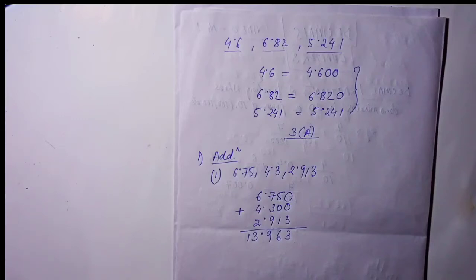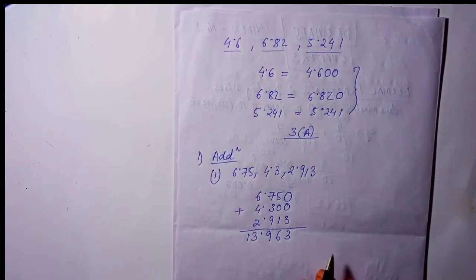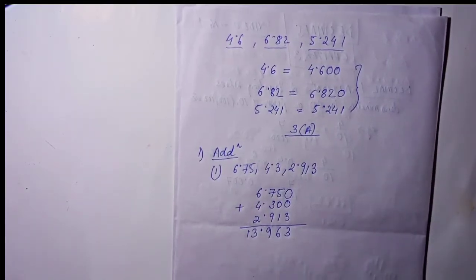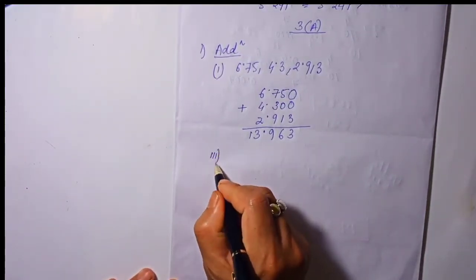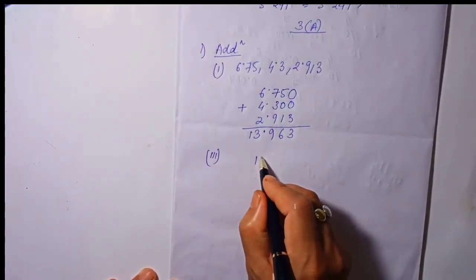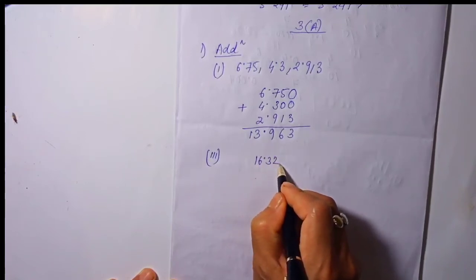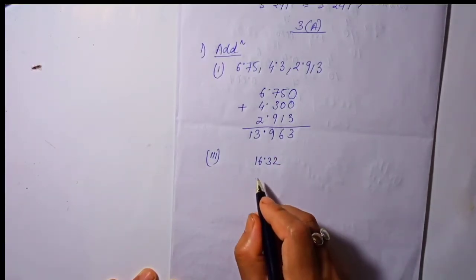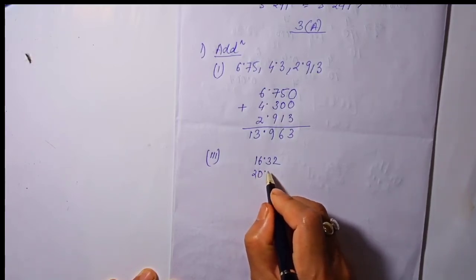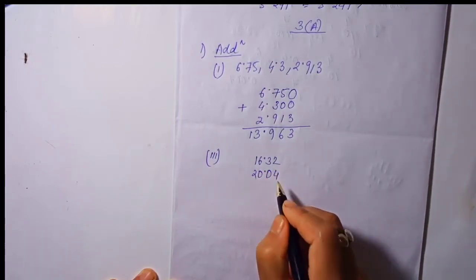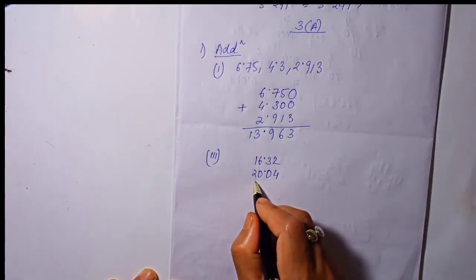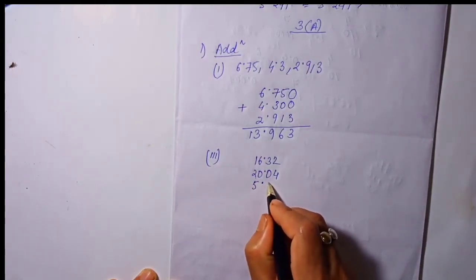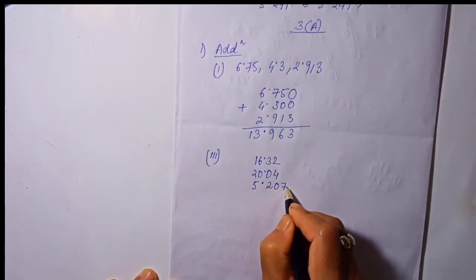Okay, see question number 2. Question number 2 is easy. I will not go for question number 2, but I will go for question number 3. Question number 3, what is the question saying? 16.32, 20.04, then 5.207.